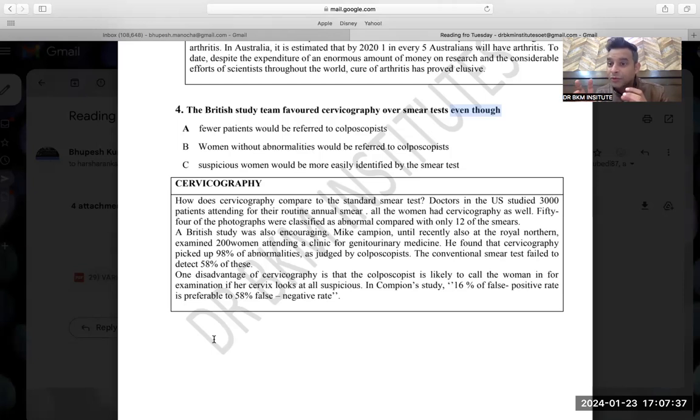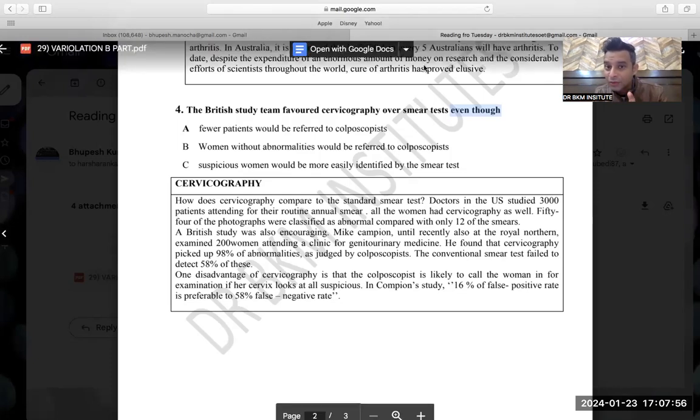That means I want to talk positive about intelligent people. Let me give another example. I prefer hardworking students over intelligent students, even though hardworking students will take more of my effort. That means I am talking negative about hardworking students or I am talking positive about intelligent students.